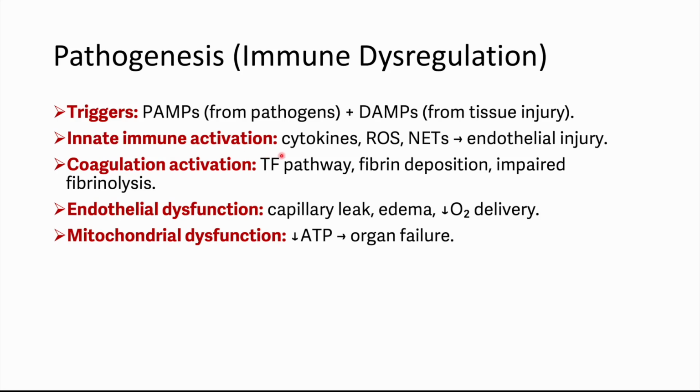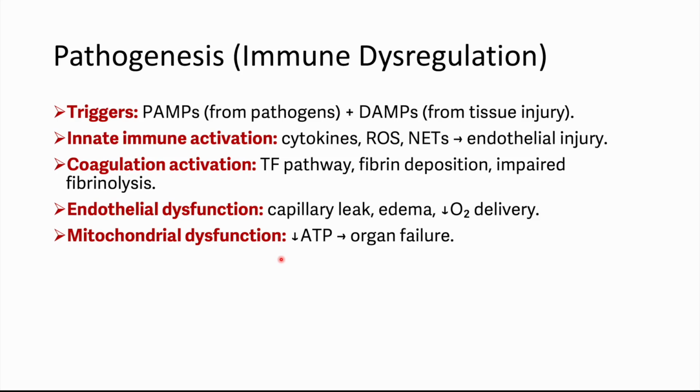They activate cytokines, ROS, then NETs, which cause endothelial injury. This leads to coagulation activation like the TF pathway, fibrin deposition, and impaired fibrinolysis. This leads to endothelial dysfunction. There will be capillary leak, edema occurs, then there will be decreased O2 delivery. Eventually, it leads to mitochondrial dysfunction, decrease in ATP, and finally organ failure. It's a syndrome of immune and metabolic failure.